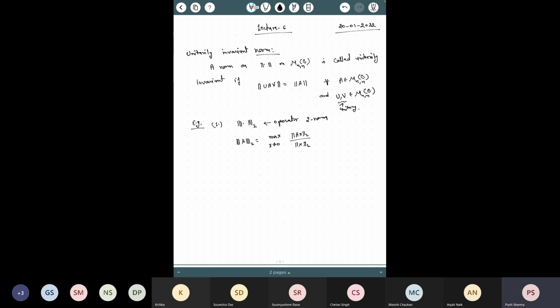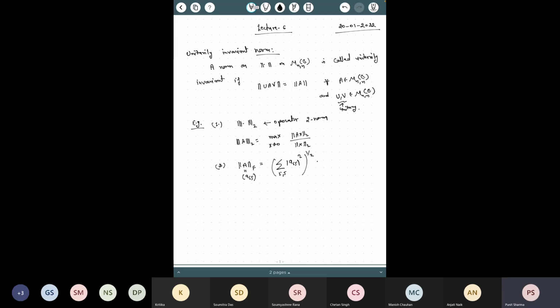And the Frobenius norm. What is the Frobenius norm? If A is denoted by Aij, then the Frobenius norm is basically the L2 norm on the space of matrices. That means you take the sum over all ij of the squared entries and take the square root of this sum.